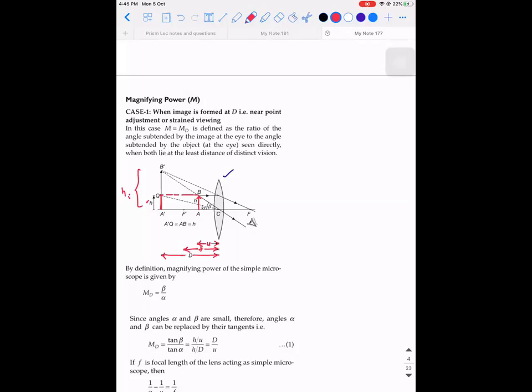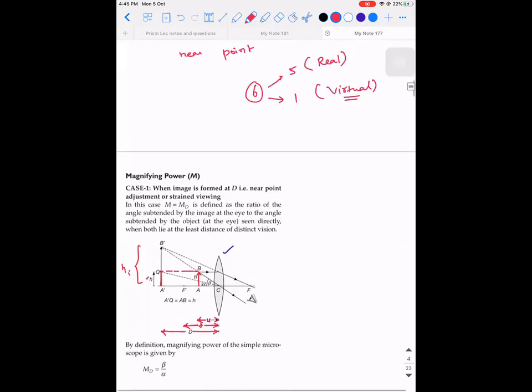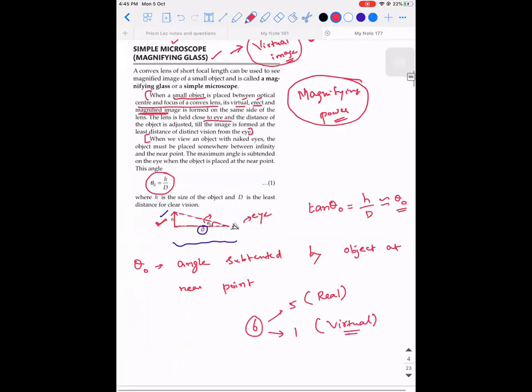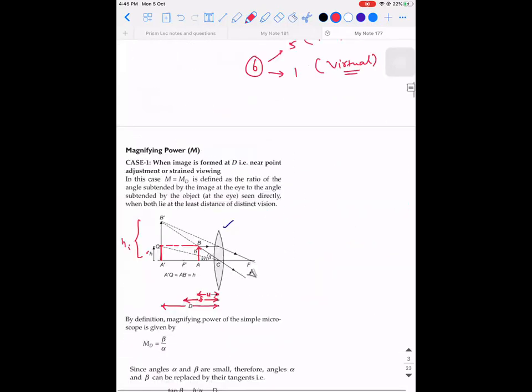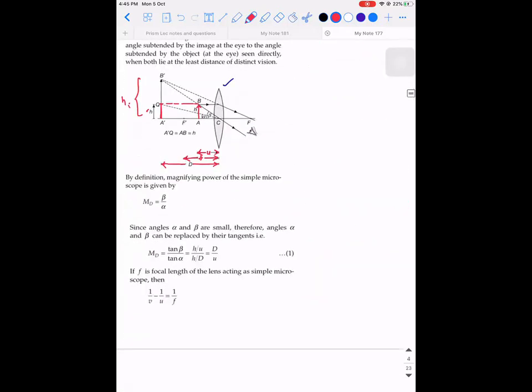Near point. It means that once you are seeing the object's height at the near point, you are trying to adjust the position of the convex lens in such a way that the final image is also formed at the near point with the help of an optical instrument.